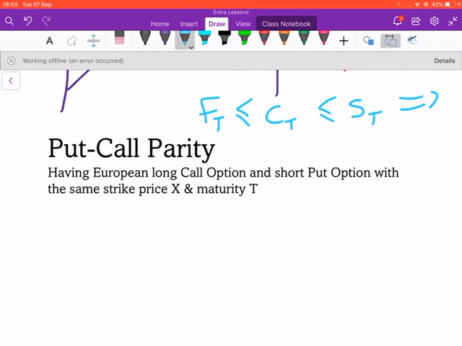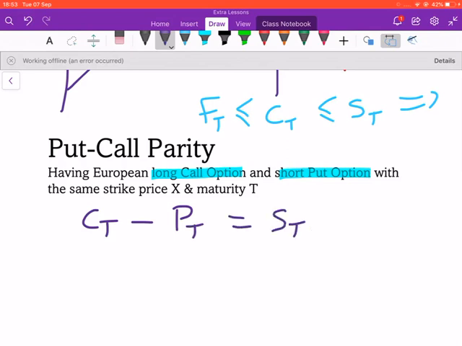It states that if you take a long position on a call option and a short position on a put option with the same strike price and maturity, at maturity this is going to be your payoff. It should be equal to the forward, and you will see why.